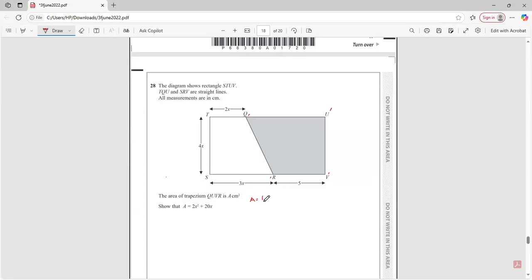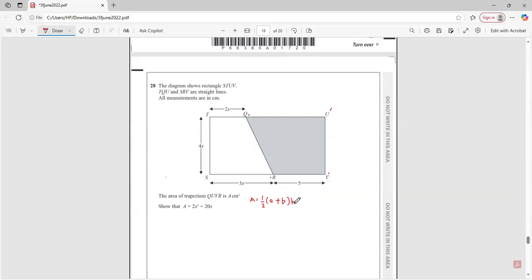I think it is half into bracket, small letter a. Don't worry, I'll explain what all these guys are. But I have a feeling you have an idea of what they are, but I'll still explain them. Half (a plus b) h.